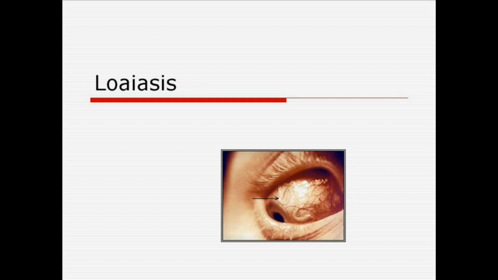Loiasis. Loa loa filariasis, also known as Calabar swellings, is a skin and eye disease caused by the nematode worm Loa loa. Humans contract this disease through the bite of a deer fly or mango fly, the vectors for Loa loa.